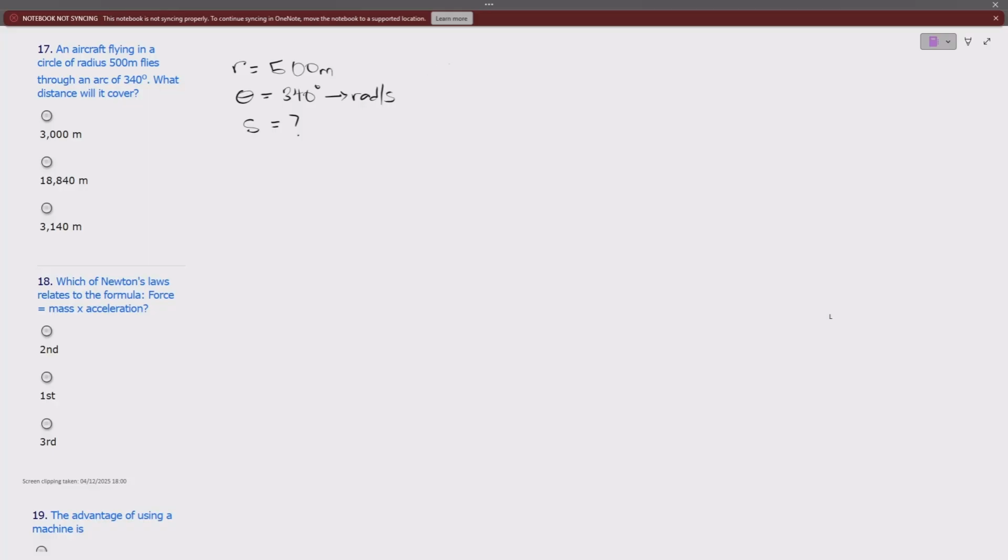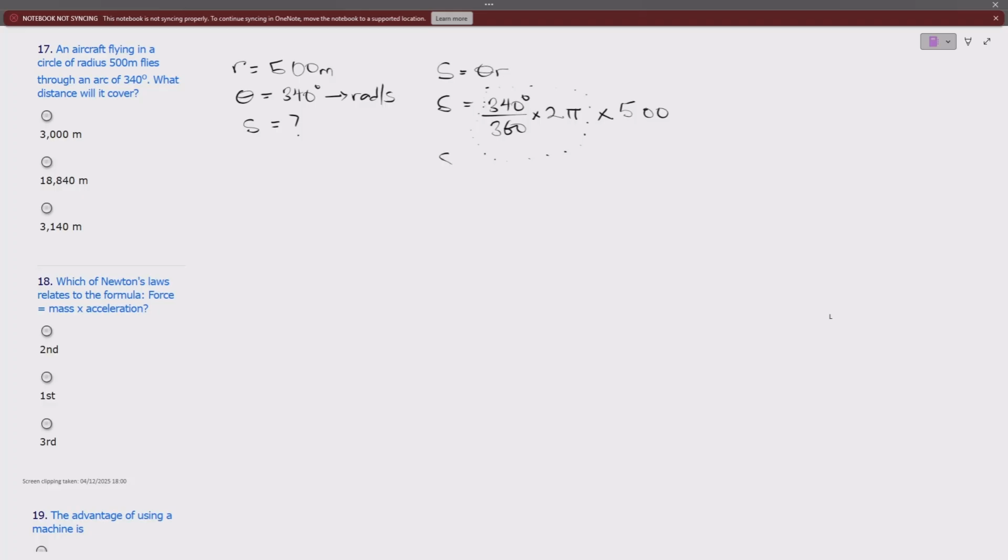So the formula, distance equals angle times radius. So the distance equals 340 degrees divided by 360 times 2 pi times 500. So we have converted it into radians straight away.